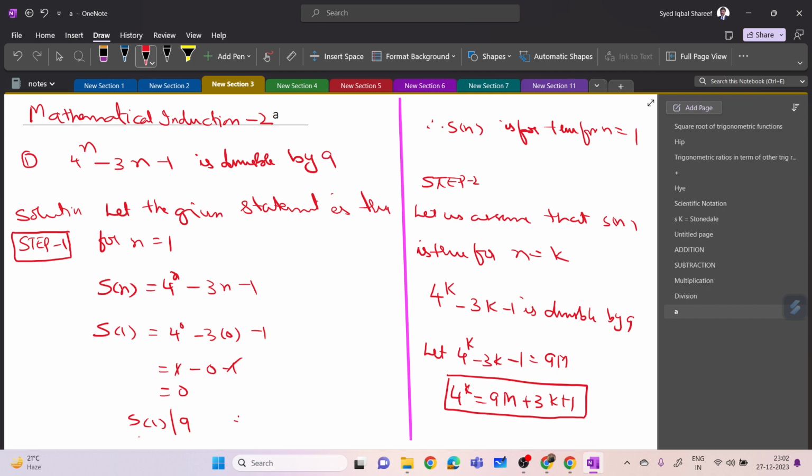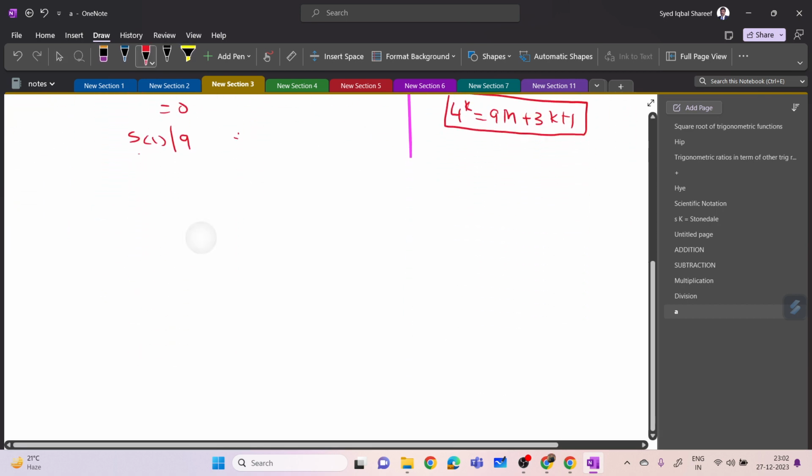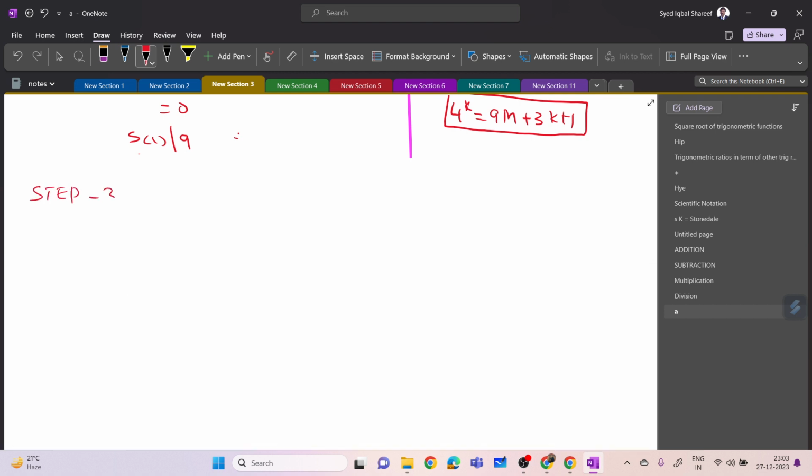Now step number 3. What is step number 3? We have to prove that S of n is true for n equal to k plus 1.